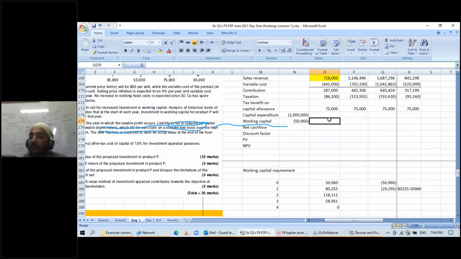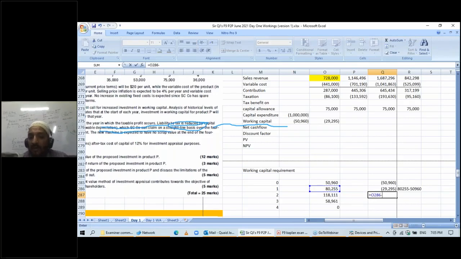So you have to give some further cash to the business. 50,960 was already there. Now you will have to give 29,295 to make the working capital requirement 80,255. So we give a further 29,295. Then the working capital requirement by the end of year 2 increases further. So we have to give more to make it 118,000. So how much do we have to give more?